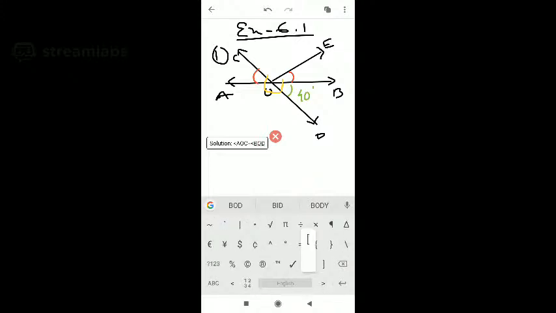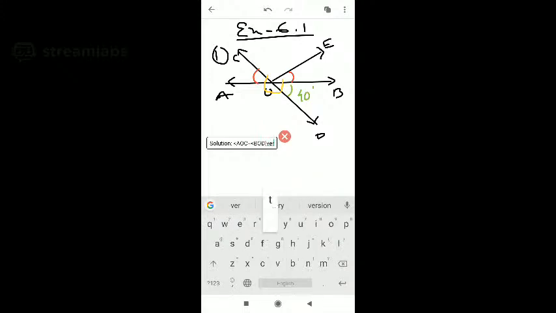We have to write the reason there, and the reason is vertically opposite angles.